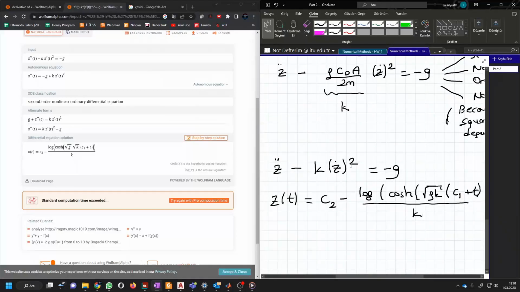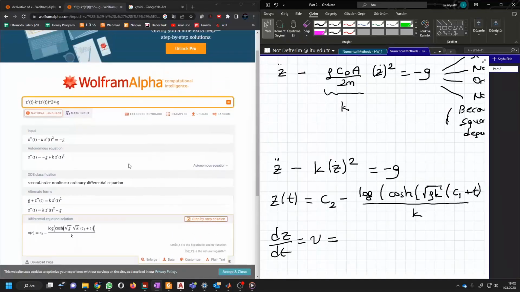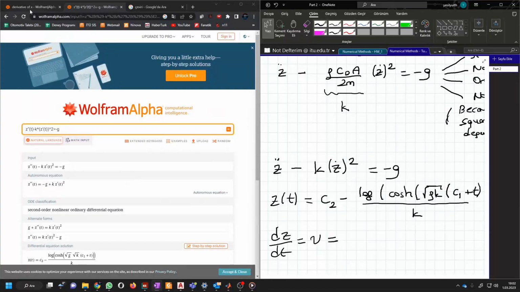To solve for velocity, for z dot or v, I will differentiate this z of t, of course not by hand again. I will use Wolfram again for this purpose. So dz over dt, which is v. Okay, let me write down the equation here.